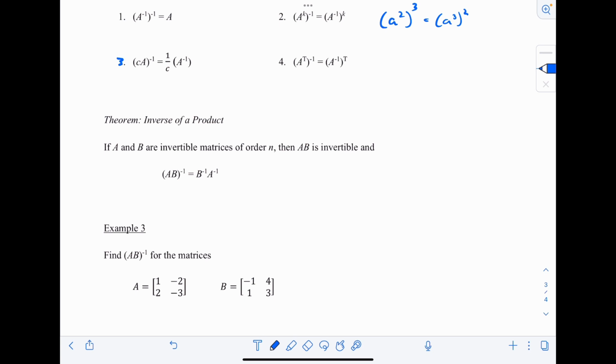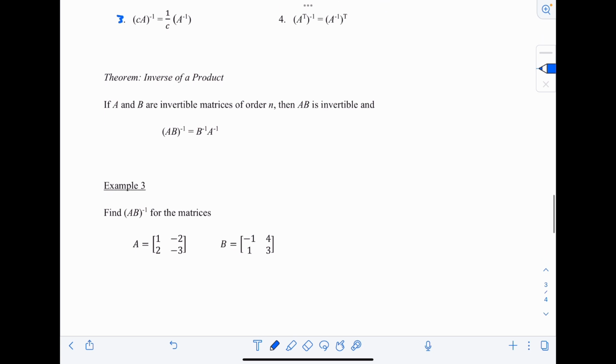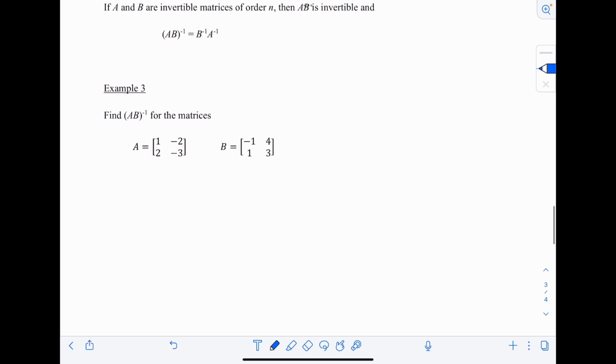So what I want to do is run through some examples that highlight, in particular, this second theorem. And we're going to solve this in both ways. We've got these two matrices in our example, A and B. I want to look at both the left-hand and the right-hand side of the theorem, and use both sides to solve (AB) to the negative first, or the inverse of A times B. First, we'll multiply A and B together and then take the inverse.